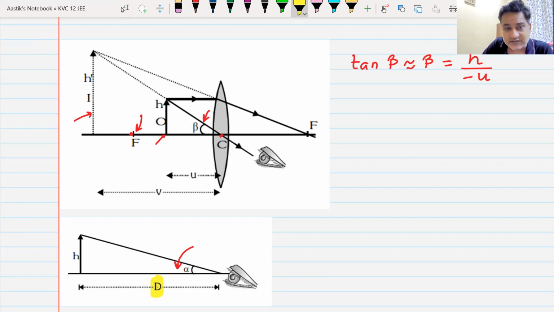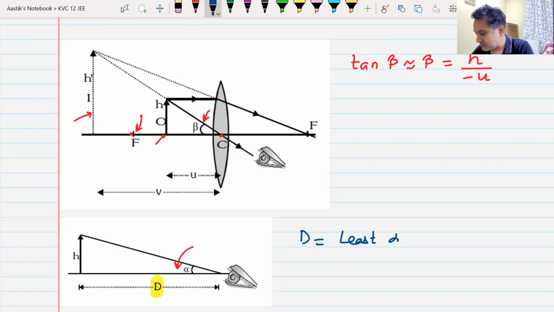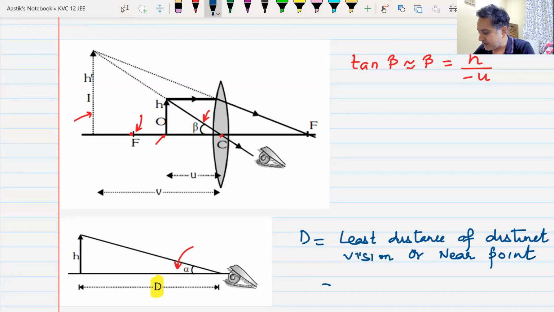If you don't know, you can write this D is known as least distance of distinct vision. Some people also call it near point, and it is approximately 25 centimeters for a normal human eye.